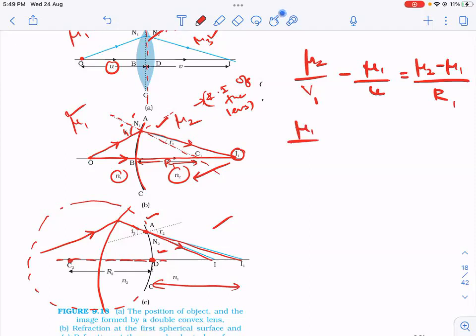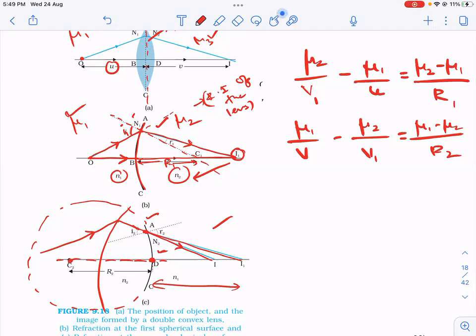So mu1 by v, because that is where the final image is formed, minus mu2 by v1, where the image from the first refracting surface is formed, which acts as the object for the second one, is equal to mu1 minus mu2 divided by r2. This is where you need to be careful. These two are the crucial steps.